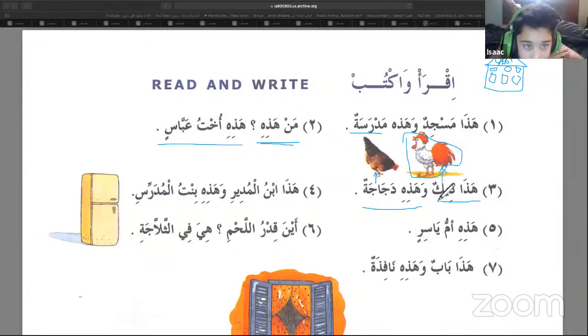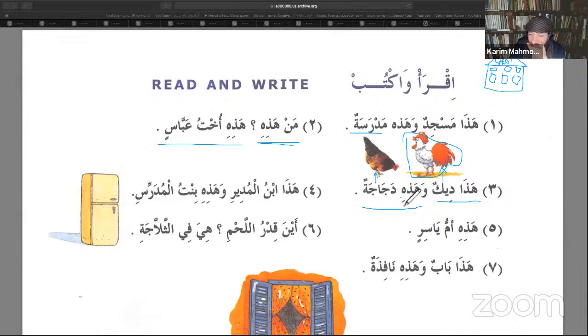Okay. هذا ديكون وهذه دجاجة. Notice here that we say هذه because دجاجة ends with a ta marbuta, right? That's why we give it the هذه, the girl one, because it ends with a ta. Okay, guys? All right, let's do the next one.